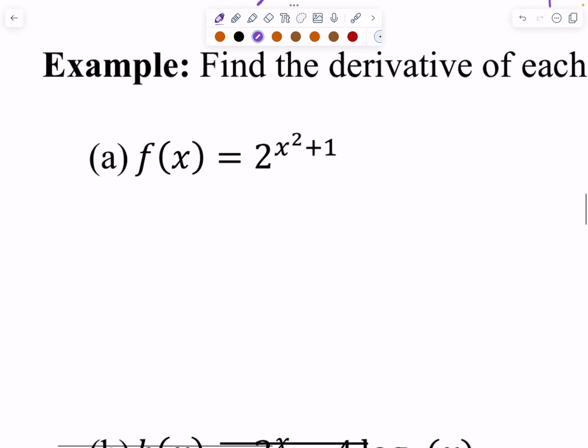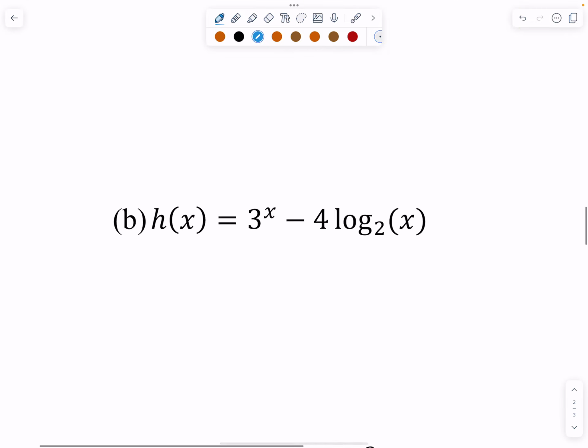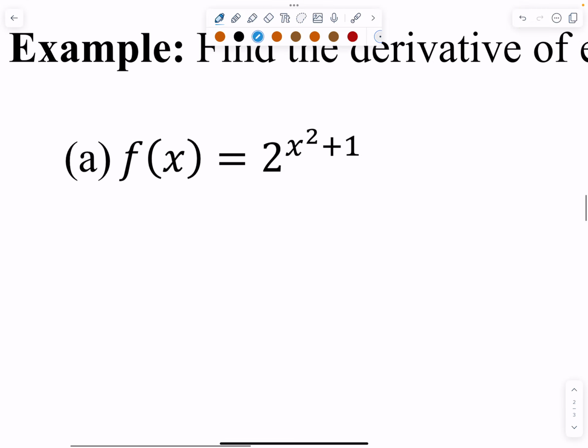Let's first look at taking the derivative of some exponential functions and log functions that have a base other than e. So to find f prime, this is 2 to a more complicated power. Like we saw that the derivative of 2 to the x was natural log of 2 times 2 to the x.